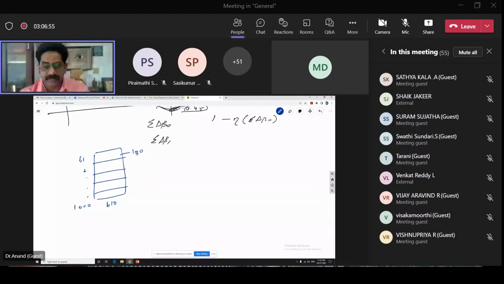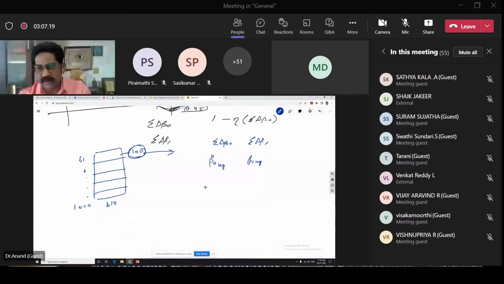We randomly shuffle completely. These 100 records will be exposed to the model. The model will compute the summation of delta beta naught and the summation of delta beta 1 based on these 100 records. Once you expose these 100 records, only then the beta naught update and beta 1 update will happen.